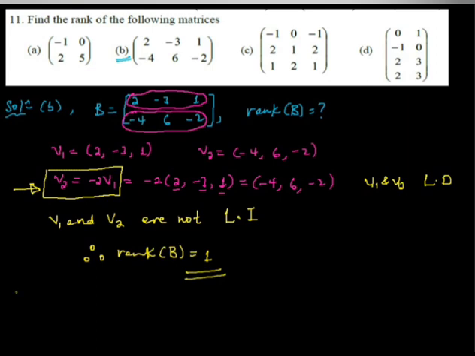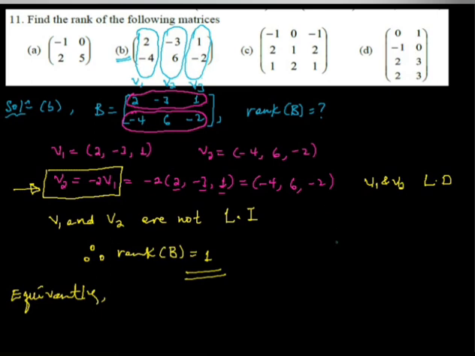Similarly or equivalently, you can compare the columns. Just look at the columns without any calculation. Say this is v1, this is v2 and this is v3. Look at this and compare.